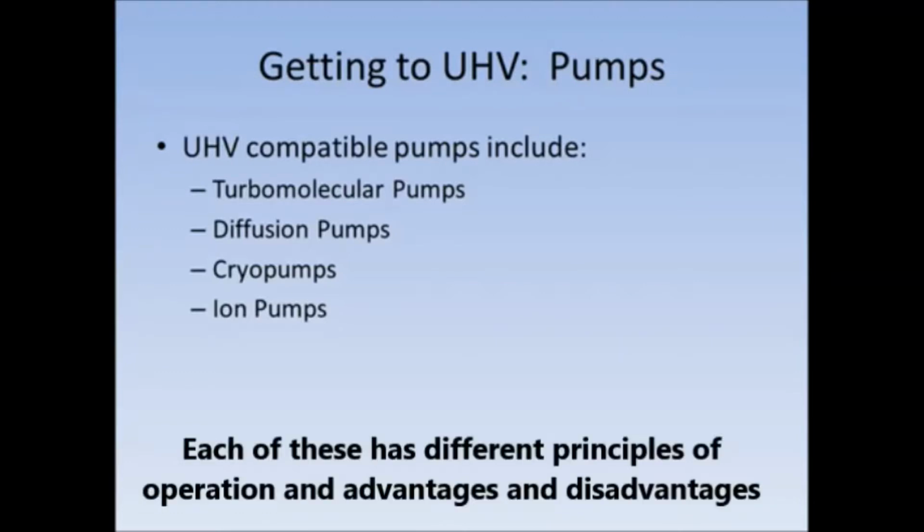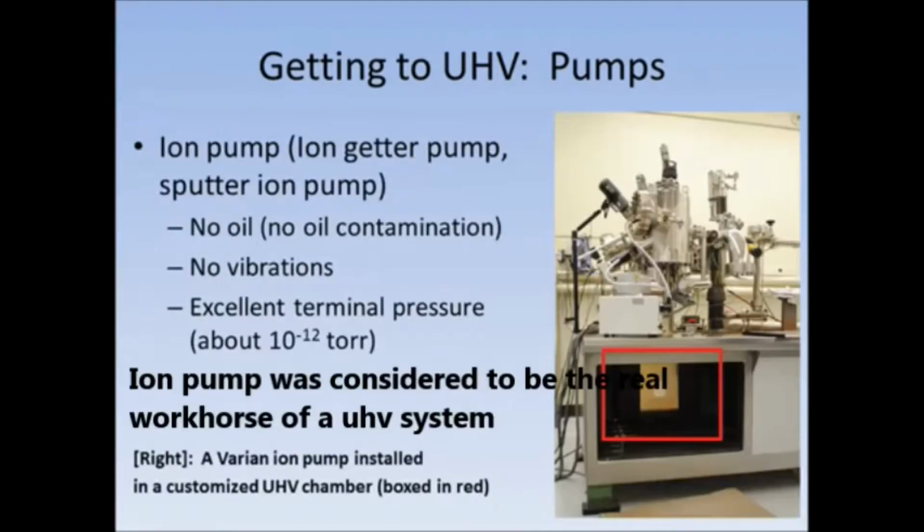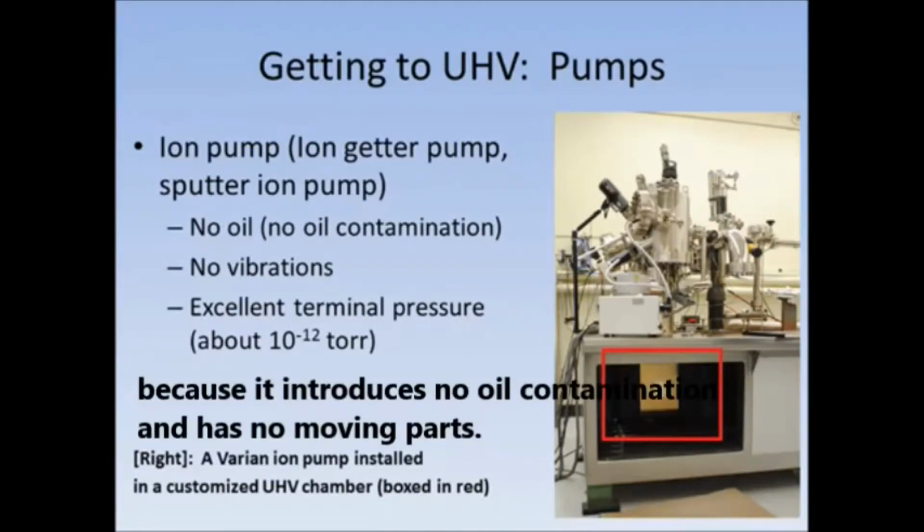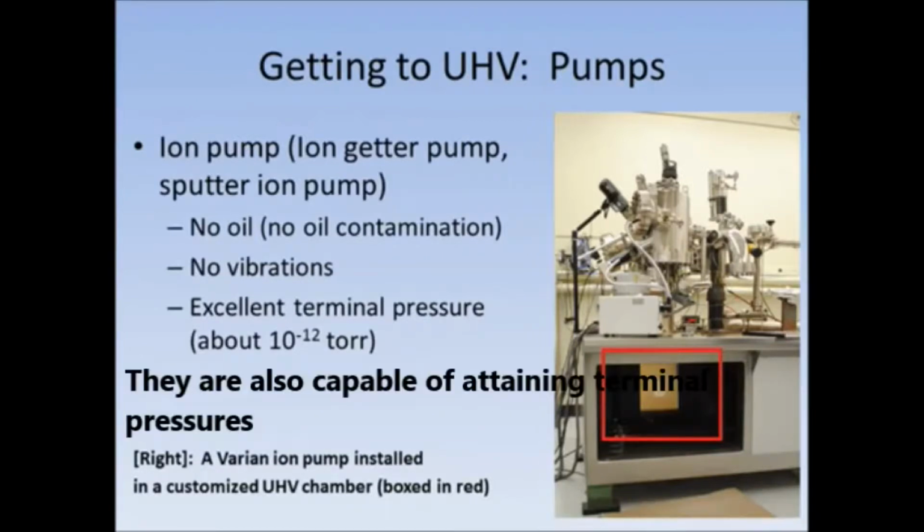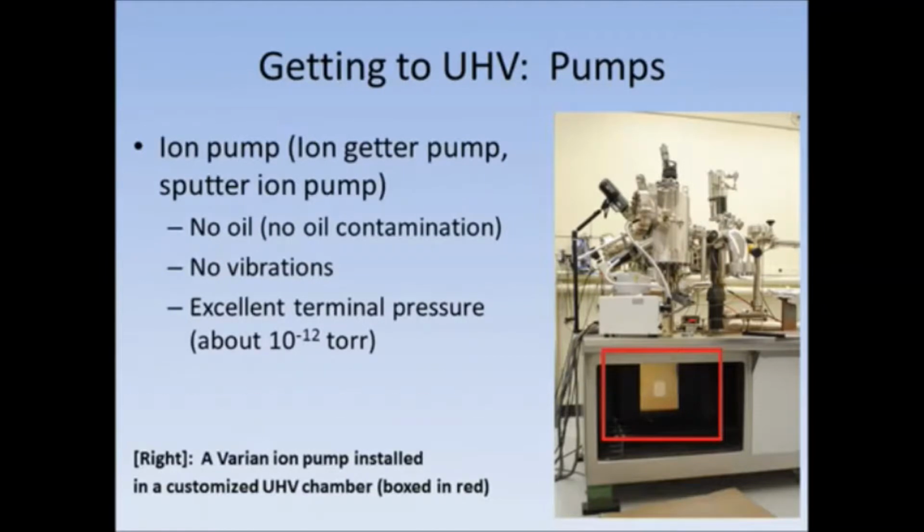Each of these has different principles of operation and advantages and disadvantages. The ion pump is considered to be the real workhorse of a UHV system because it introduces no oil contamination and has no moving parts. They are also capable of attaining terminal pressures lower than 10 to the minus 11.